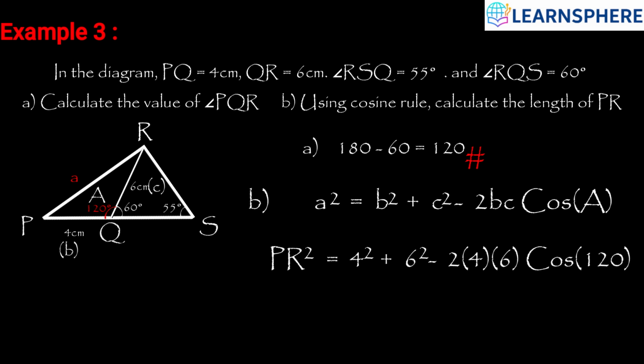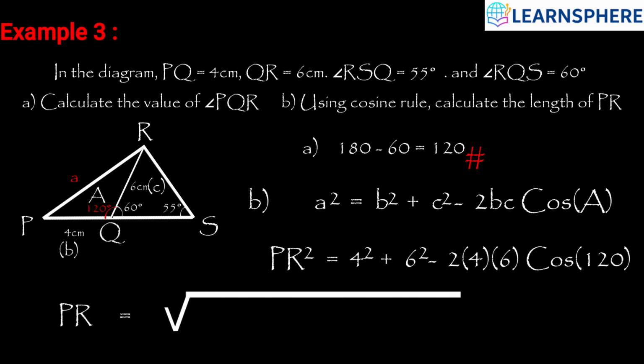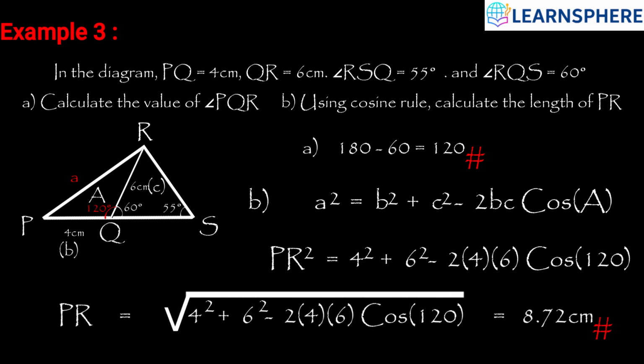And to find the value of PR, we can simply square root the values on the right hand side, which will give us 8.72 cm as the answer.